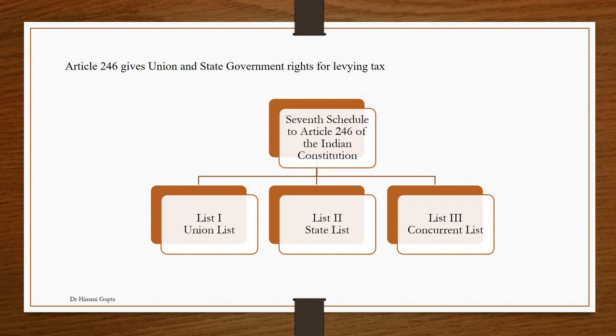List 2, which is also named as State List, contains all those matters in which the state government has an exclusive right to make laws. And lastly, list 3, which is also known as Concurrent List, contains all the matters in which both the state government as well as central government have a right to make laws.